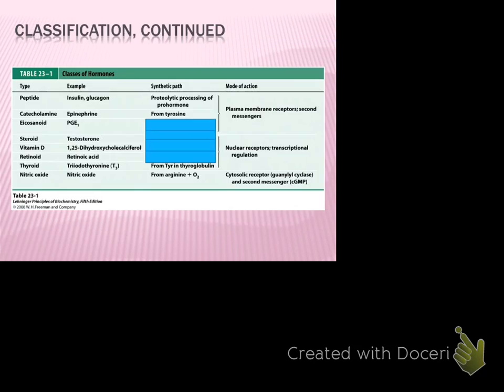Next step are the catecholamines. They come from tyrosine. So epinephrine, which is adrenaline, norepinephrine or noradrenaline, things like that. And we actually talked a lot about epinephrine and its secondary messenger system.